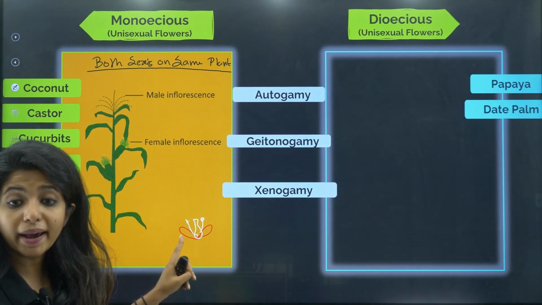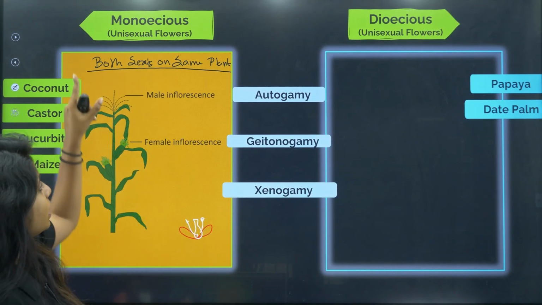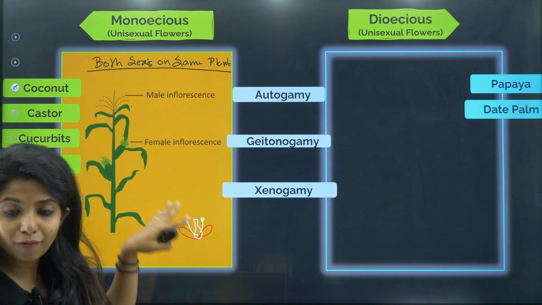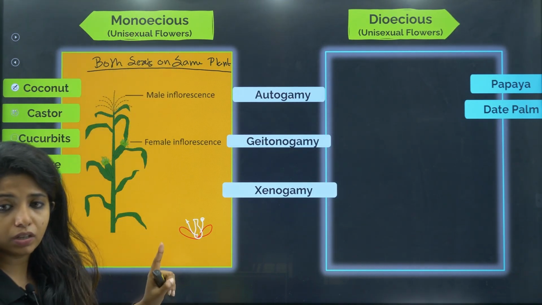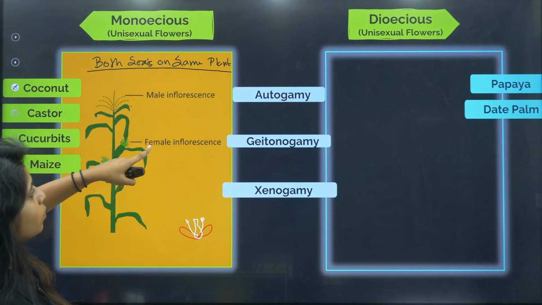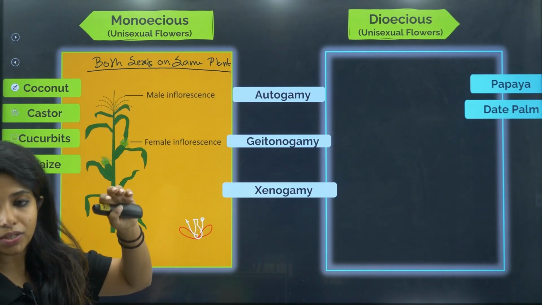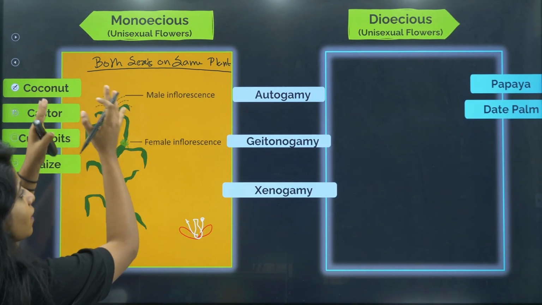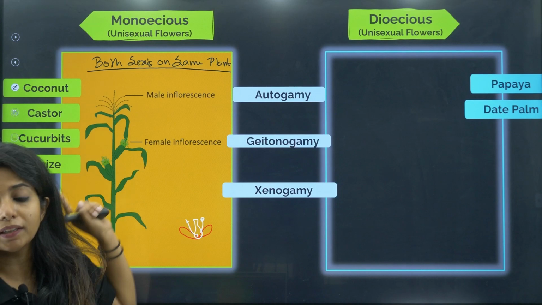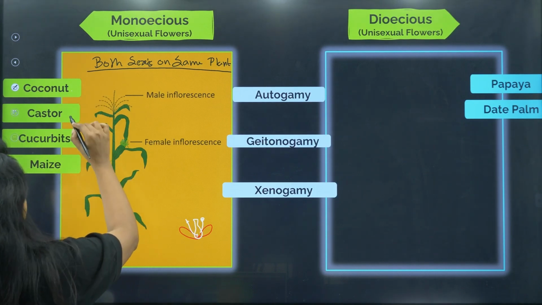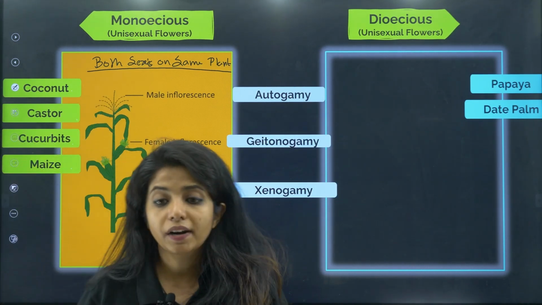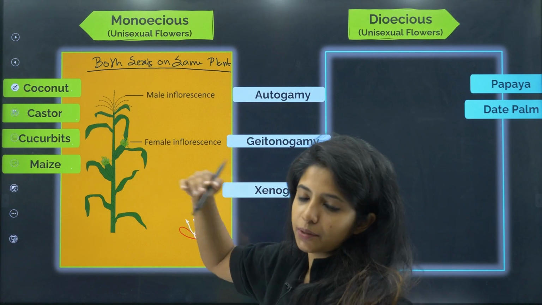Now, this is what a bisexual flower is. So, either monoecious plants can have bisexual flowers which have both the sexes, or they can have unisexual flowers which have different sexes. But both the sexes have to be there in a plant, that is when you call them monoecious. And coconut, castor, cucurbits, maize, all of them are its examples. C, C, C and then one M.